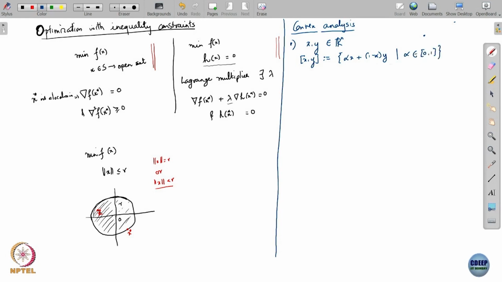So as I range alpha from 0 to 1, if here is my point x, here is my point y, at 0 I am at y, at 1 I am at x. I cover this entire segment. So this is the line segment joining x and y.